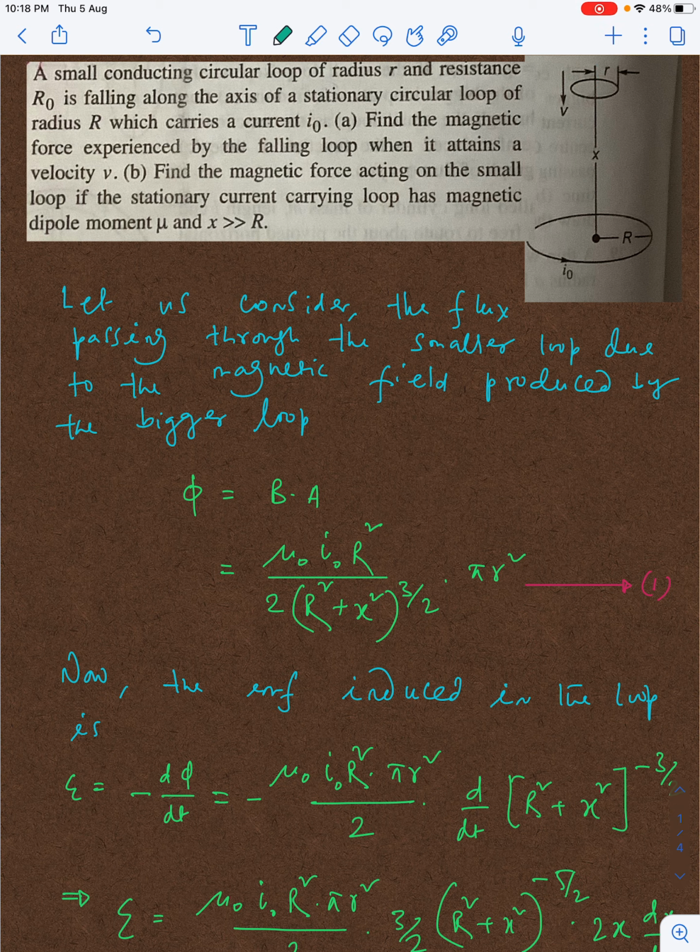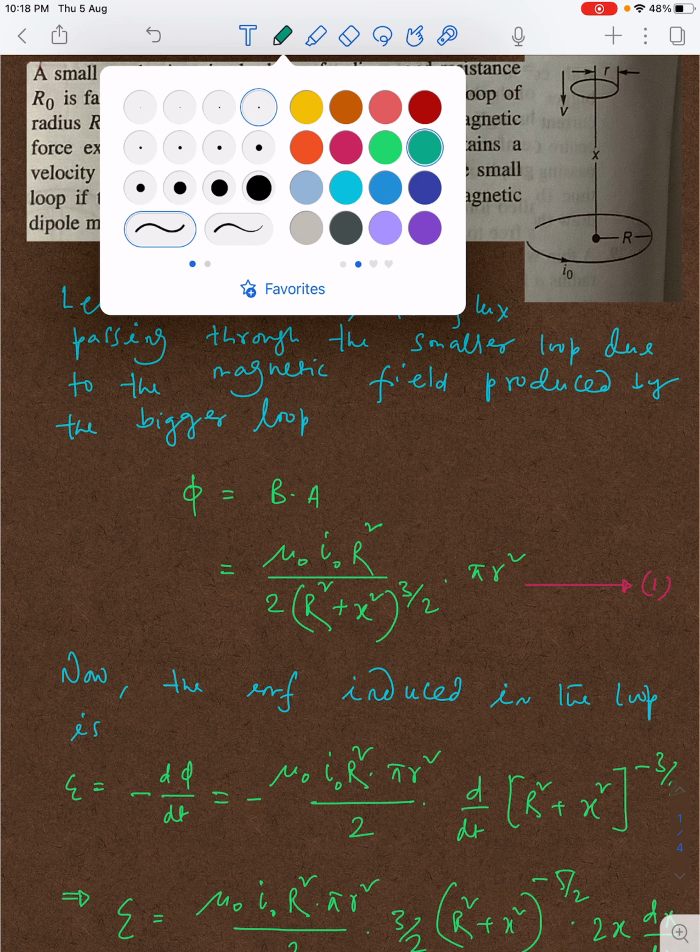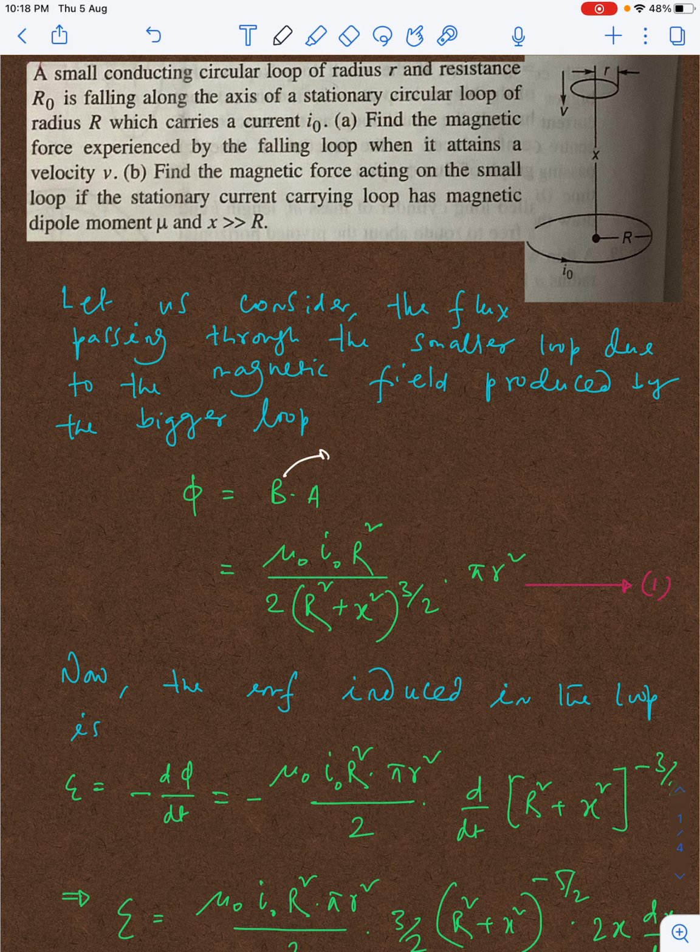And we can easily calculate that flux. It is the magnetic field generated by the bigger loop. So this B here is nothing but the magnetic field due to the bigger loop.